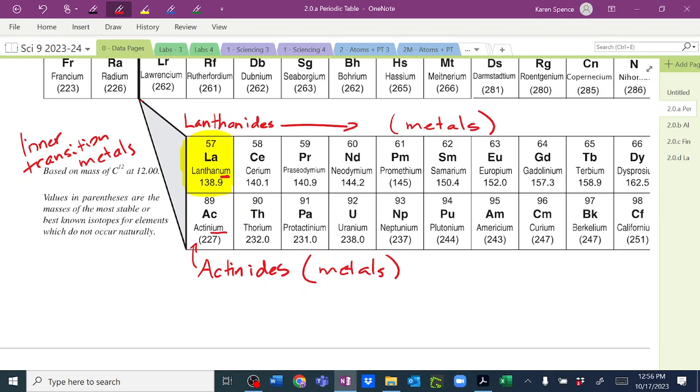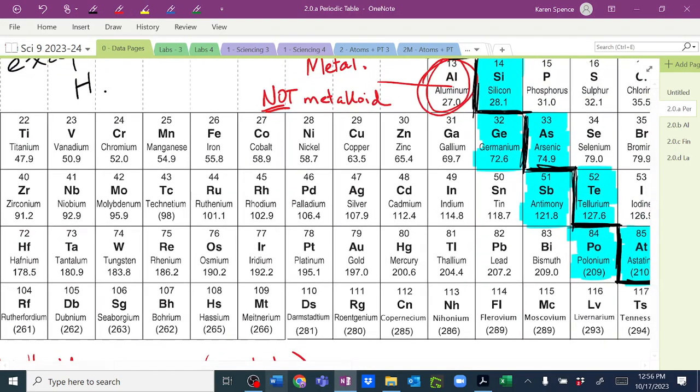Now, when you get a periodic table for a quiz or a test, it will be blank. It will not have the staircase drawn. It will not have anything labeled on it. I'm going to give you a blank one, so you need to know stuff. It's just going to look like this without all the writing on it.